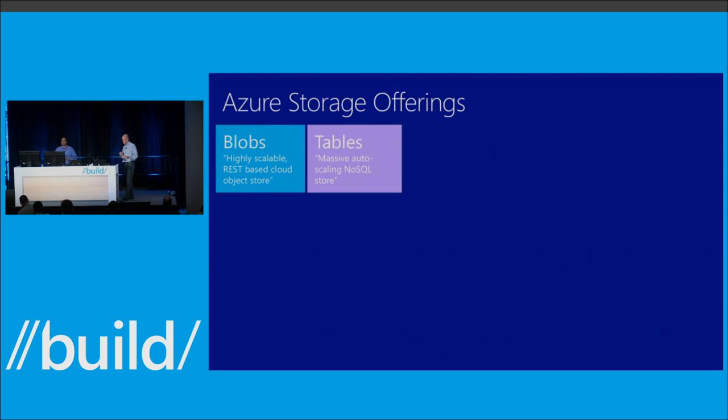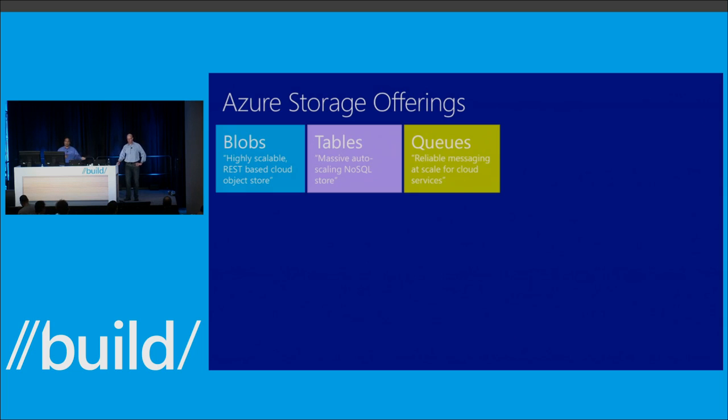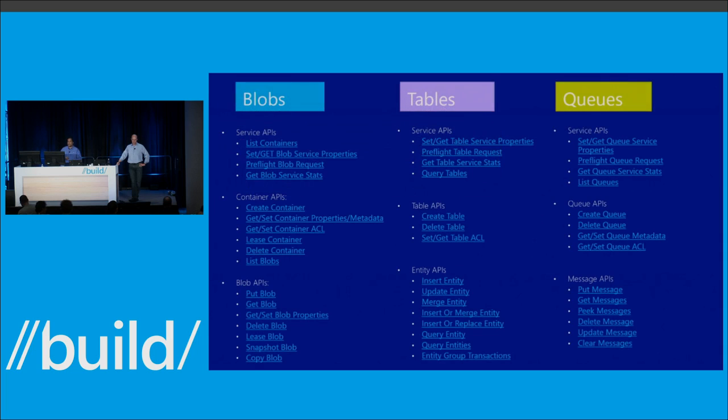Blobs, tables, and queues are our PaaS offering, if you will, for Azure Storage. This is what you'd code against. These are the things that allow you to build your services on top of our data platform. I'm going to leave you with this slide. I'm not going to go over it here, but it's a good reference slide. There's a clean, consistent architecture of APIs and their access.